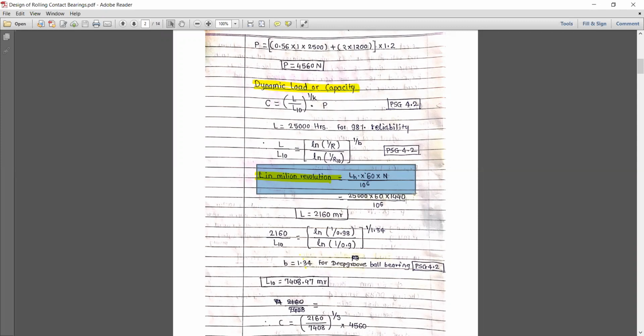Based on this equation you can find out the life of 98% probability of survival in million revolution. ठीक है. So what we find, the value is 2160 million revolution.